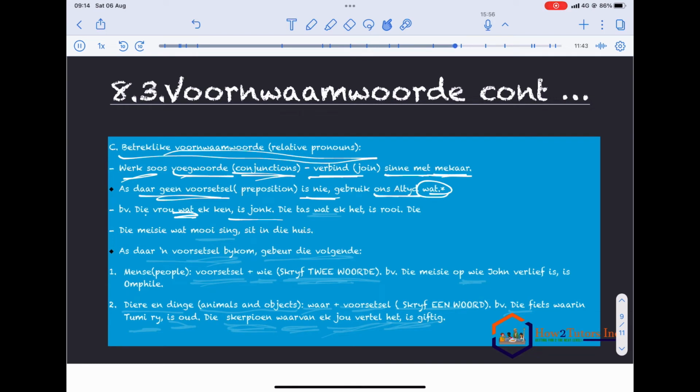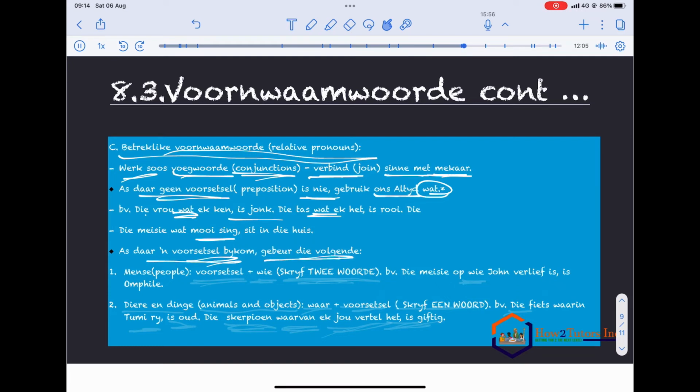Die tas wat ek het is rooi. The bag that I have is red. Die meisie wat mooi sing sit in die huis. The girl that sings lovely sits in the house. As daar 'n voorsetsel bykom, gebeur die volgende.